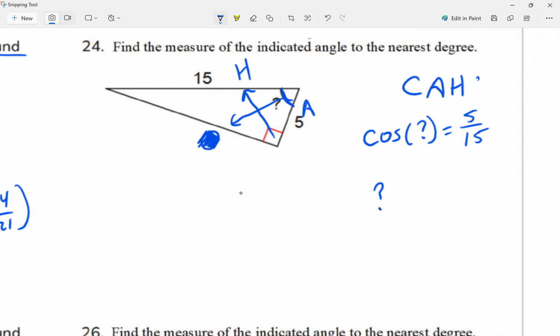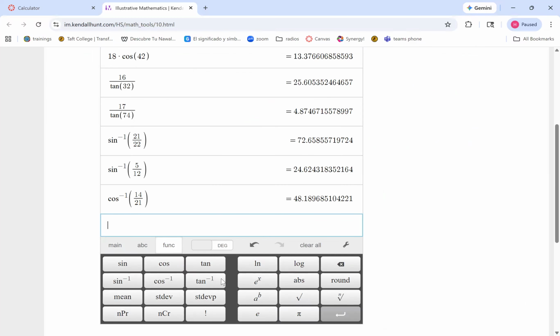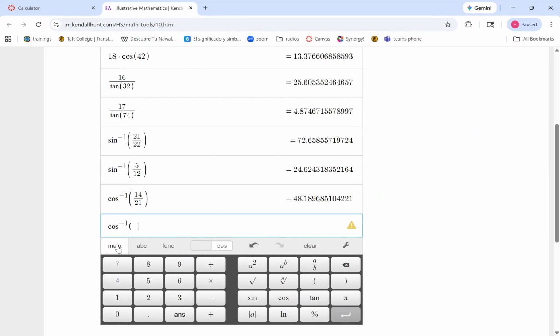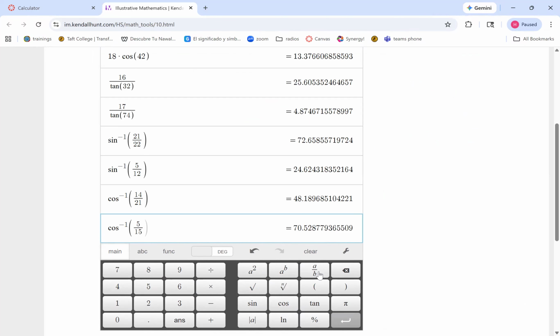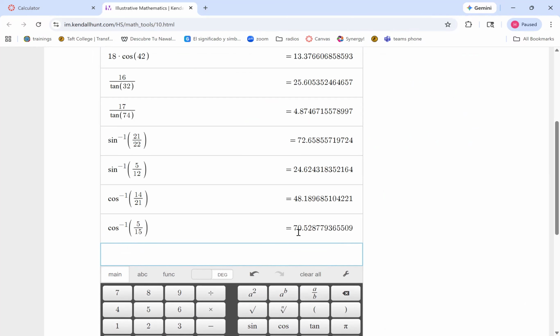That means my question mark is cosine inverse of 5 over 15. So function, cosine inverse of 5 over 15. Make sure you're in degrees still, okay?